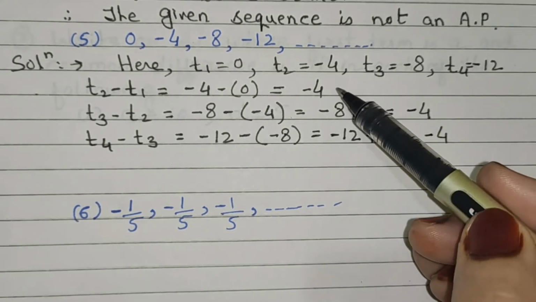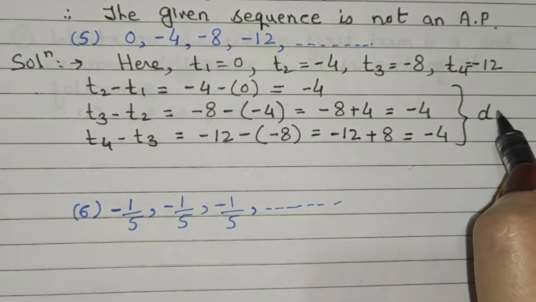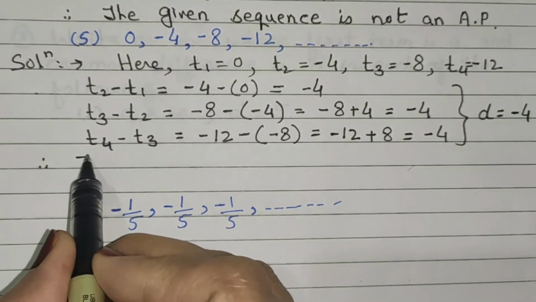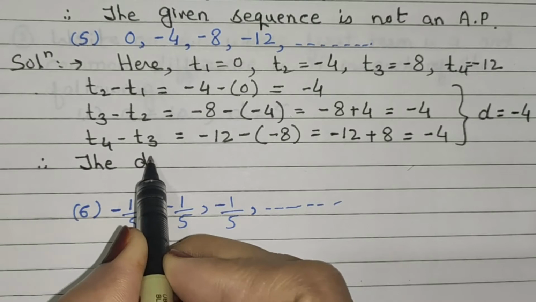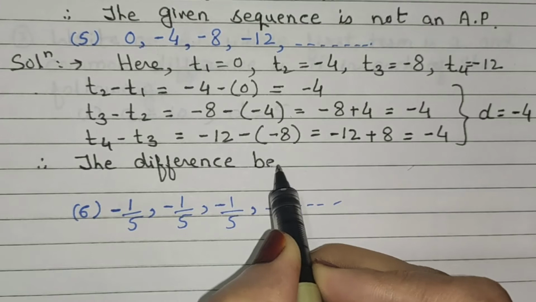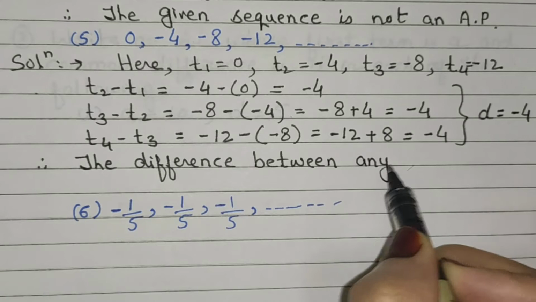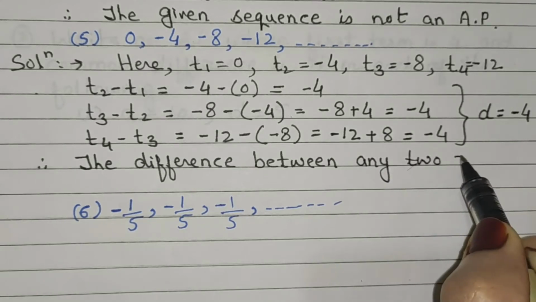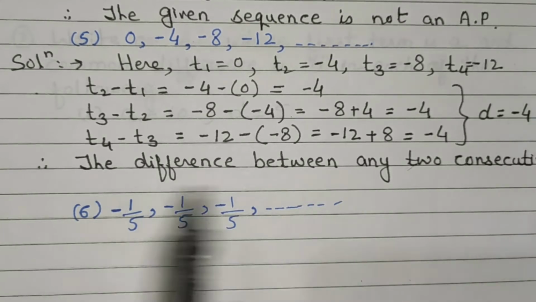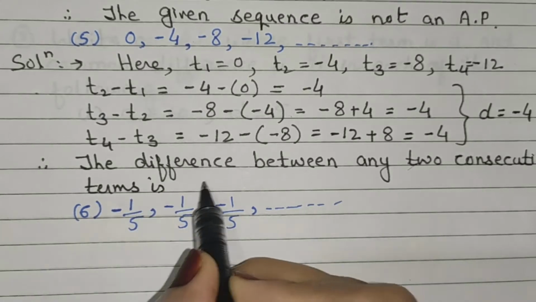Now here differences are -4, -4 and -4. Therefore, the common difference D is equal to -4. Write down the answer here. The difference between any two consecutive terms is constant.